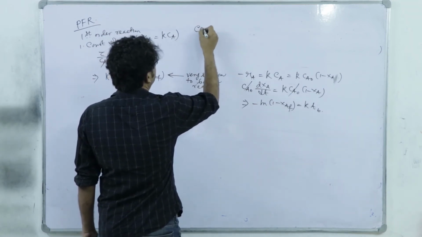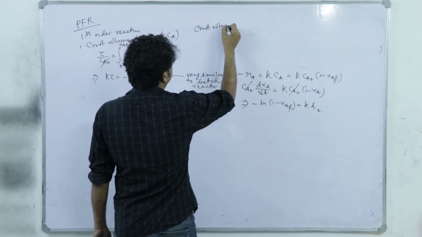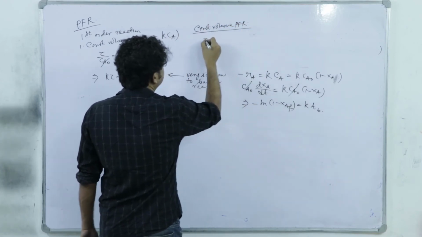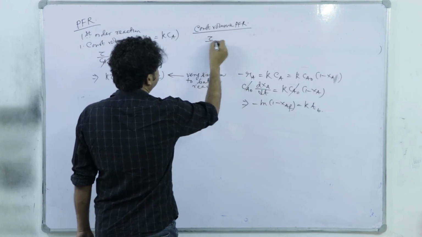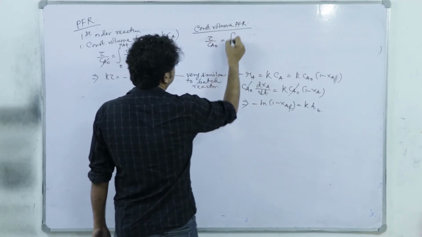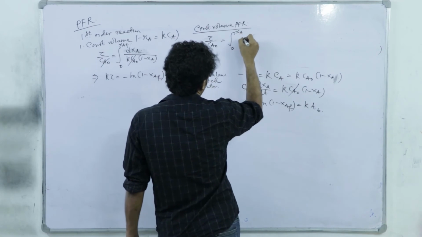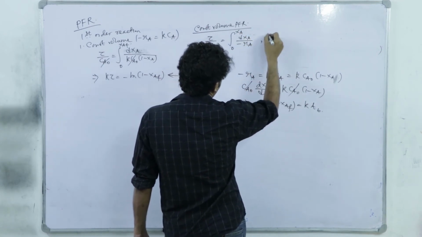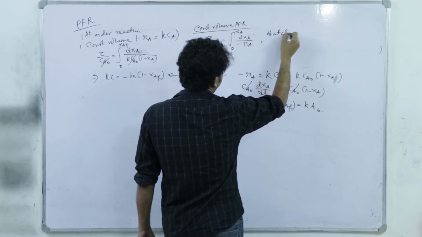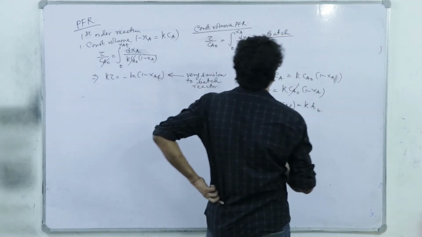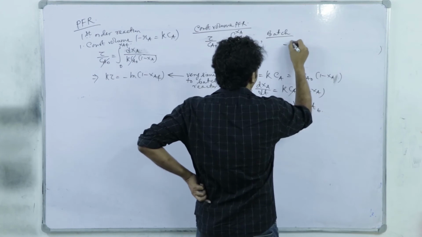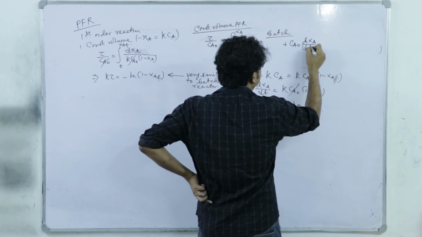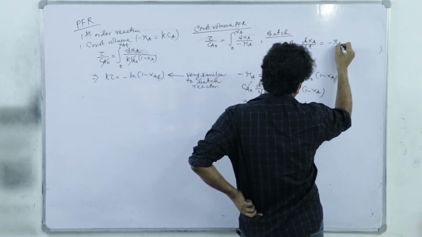for the constant volume PFR, the equation is tau by Ca naught, integral 0 to Xa, dXa by minus Ra. For batch, the thing is plus Ca naught dXa/dt is equal to minus Ra.